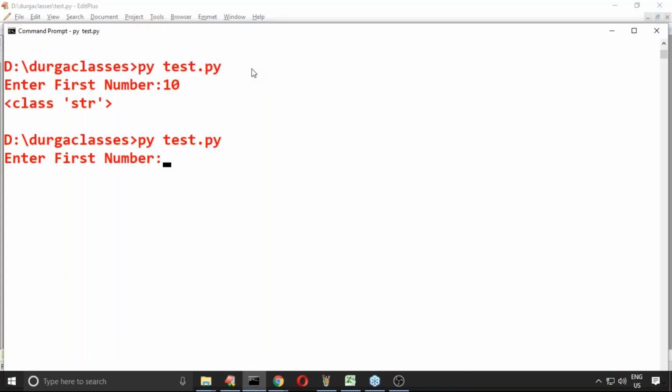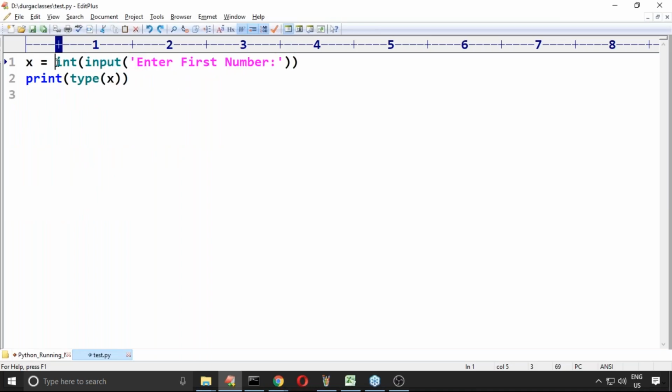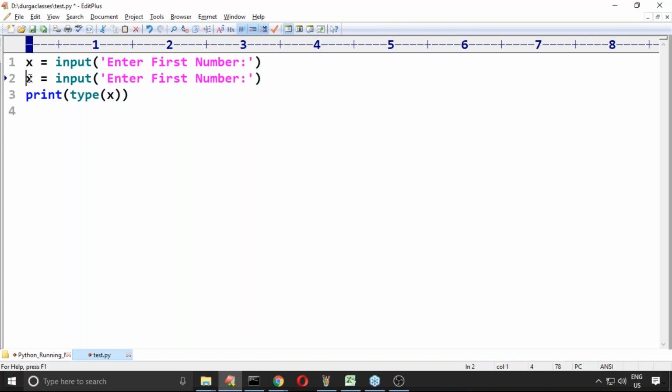Now enter 10. Because of the typecasting, it will become int. Remember carefully. Sir, assume I'm not performing typecasting. y is equal to input of enter second number. Print x plus y.